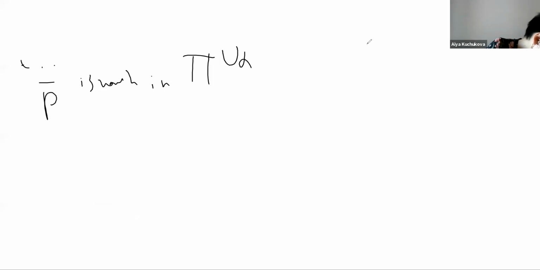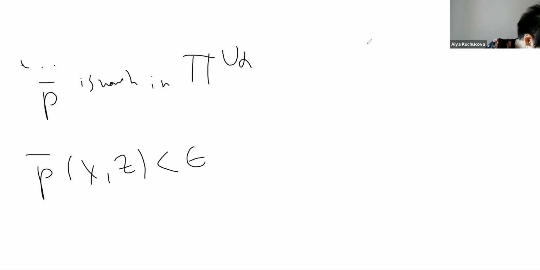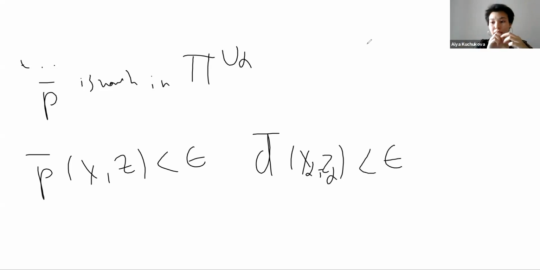So say, for example, we have that d-bar(x, z), where z is just some random point, is less than epsilon. Then what happens is d-bar(x_alpha, z_alpha) is less than epsilon, right? Is that understandable?